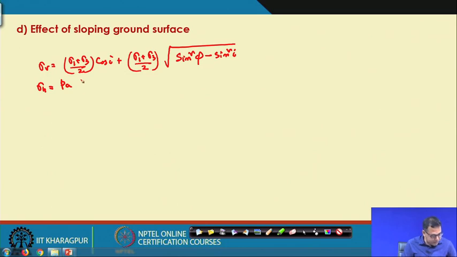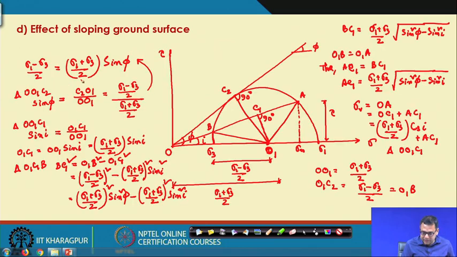From this Mohr circle we can write the sigma h value. If this is the sigma n, then sigma h value will be OC1 minus BC1. So, this is the sigma h value, that OC1 minus BC1.